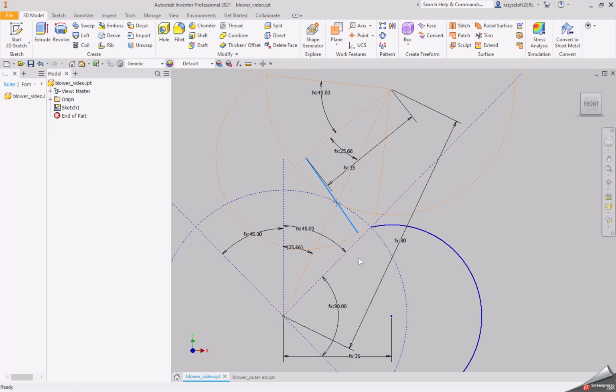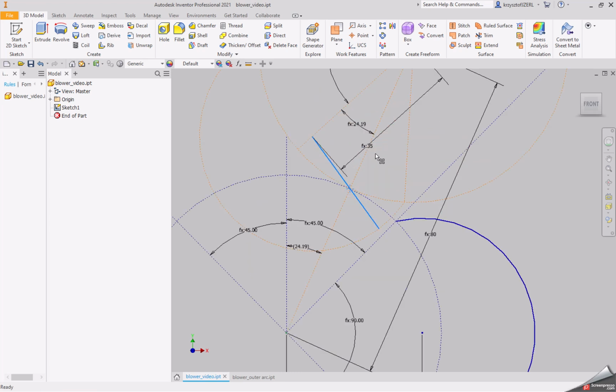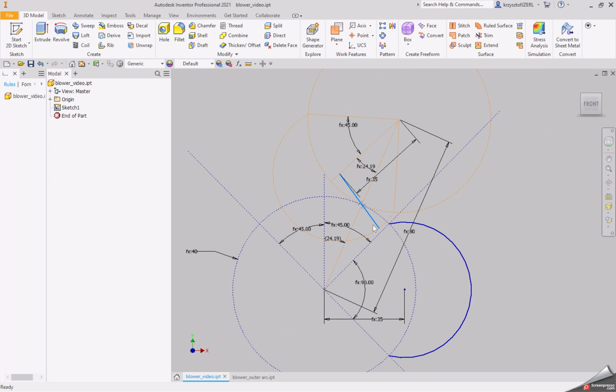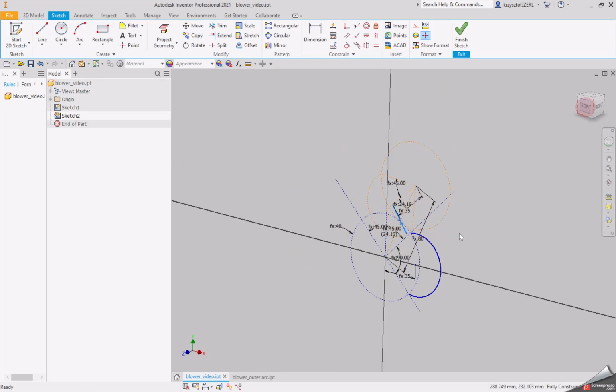Taking on from where I left this video, now as we have defined the system and we know what point we are tracing, let's do some equation curves to find it. For that purpose, I will make another sketch so as not to mess up.